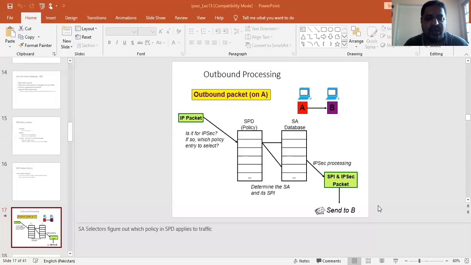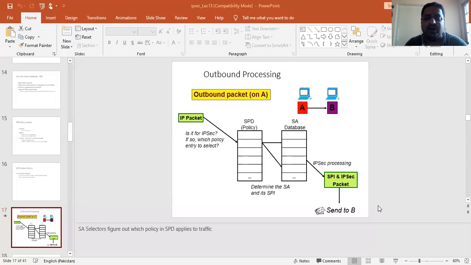So in this way, we have different protocols, including IP security, that provide security functions to the data sent at the network layer. It provides security to the packet, and that security is based on different policies defined for the particular protocol.